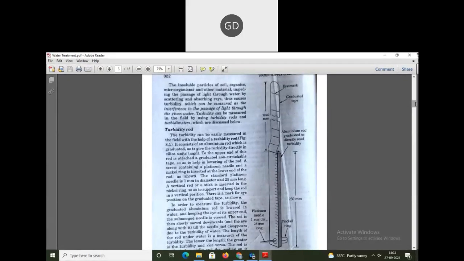So it consists of an aluminum rod which is graduated so as to give the turbidity directly in silica units.